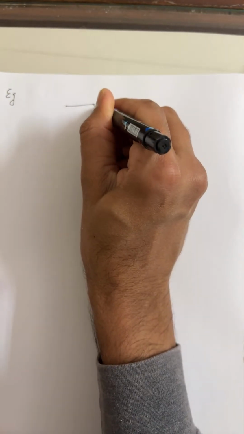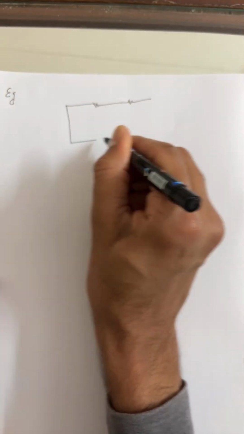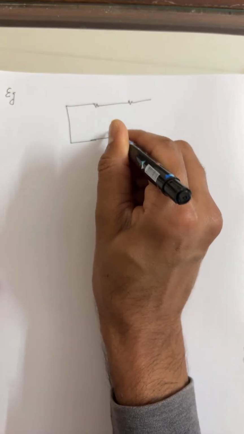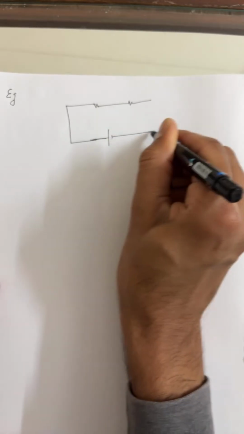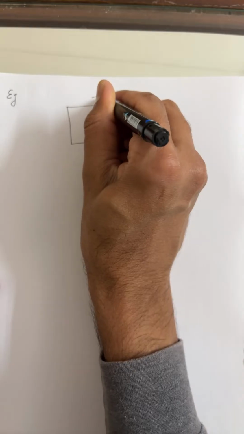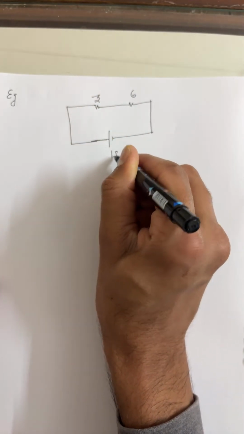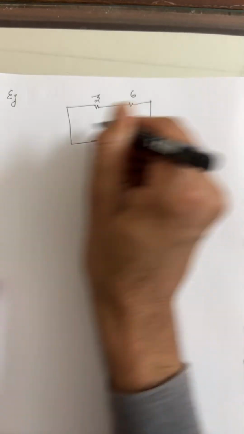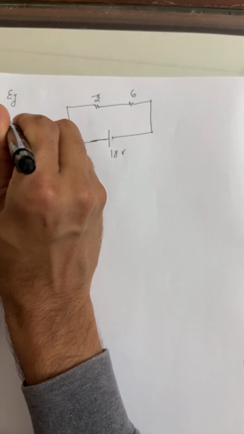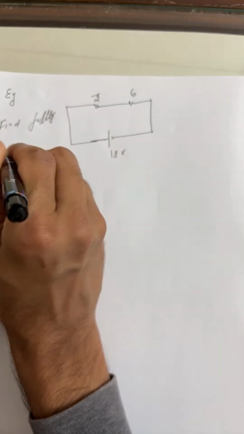You can take this as 3 ohm, this as 6 ohm, and this as 18 volt. What is the question? Find the following.